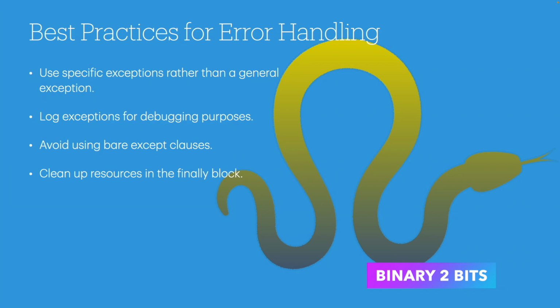If we handle a general exception, we cannot provide a proper error. That's why we need to give the specific exception. We also need to log exceptions for debugging purposes.